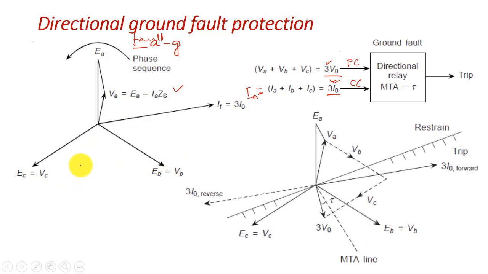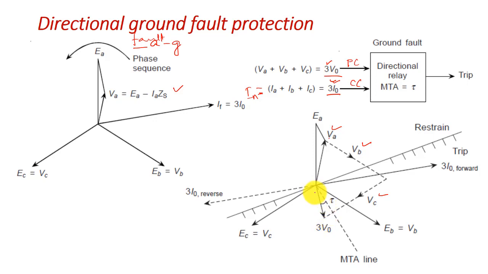So now let us see how the relay phasor diagram will look. What voltage are we feeding? 3V0, right? So how will we find 3V0? That is VA plus VB plus VC, and that will give us 3V0.